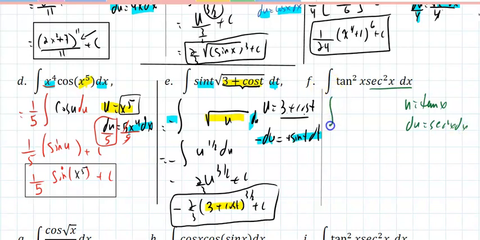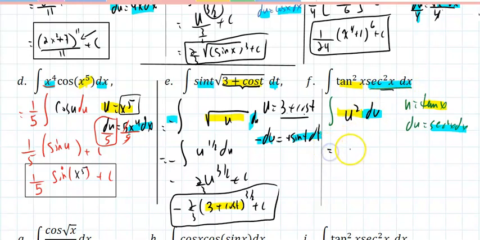So if I let u equal, and here we are, I'm letting this be my u, and it's being squared. And do you notice that secant squared dx is right there? So pretty soon you start looking at a problem and thinking, well, if I let u equal this piece, would du be the rest?